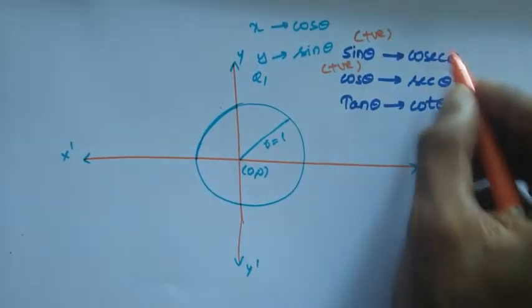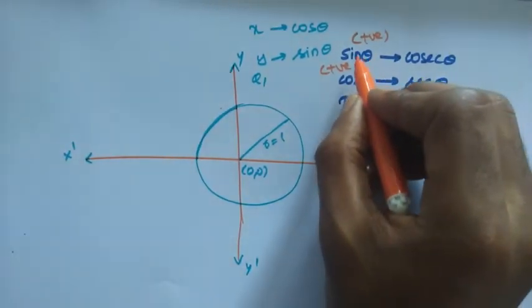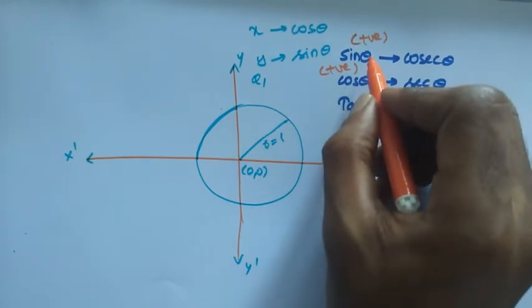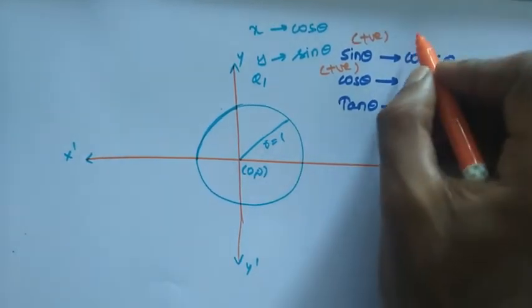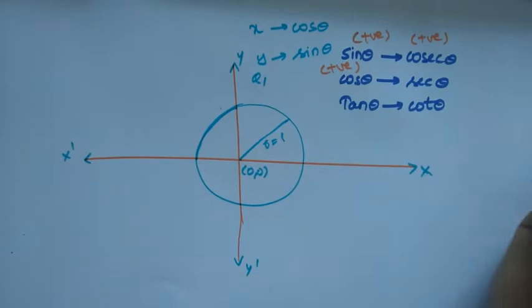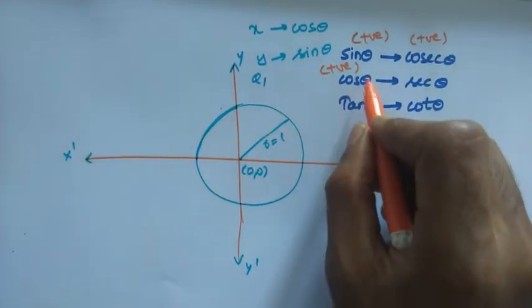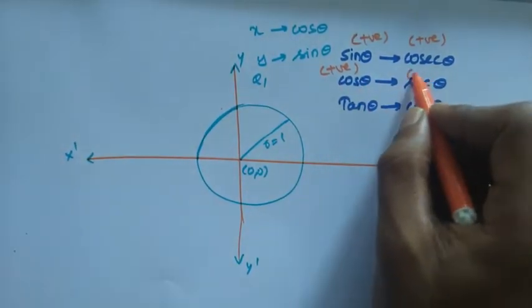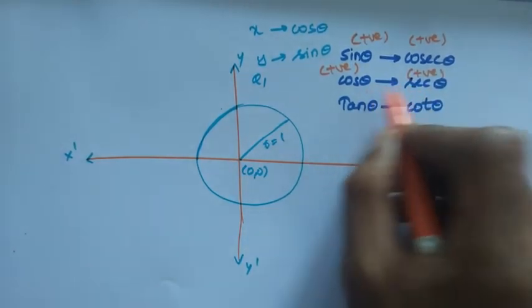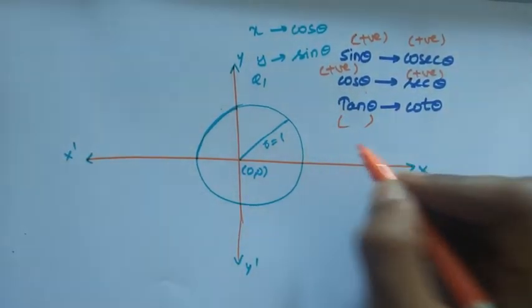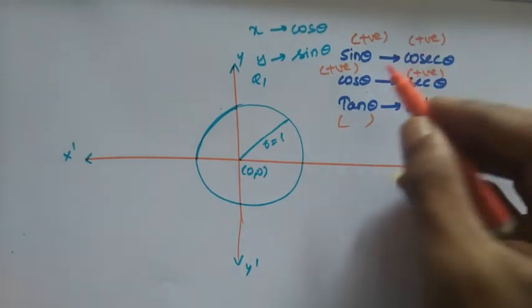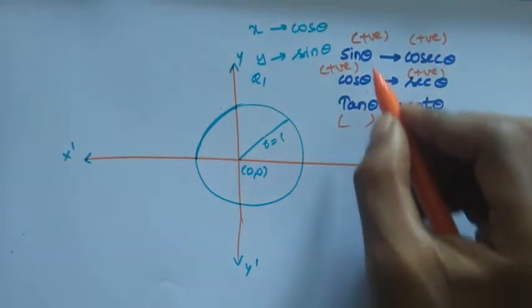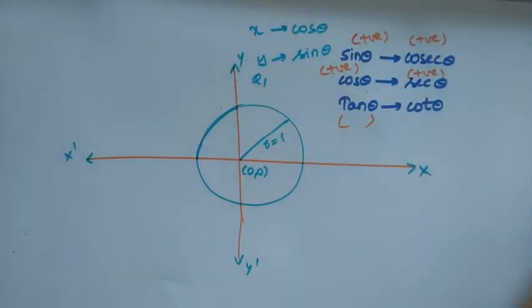So coming to this, if sin theta is positive, then its reciprocal will also be positive. That means this is also a positive quantity. If cos theta is positive, then secant theta is also positive because they are reciprocal. And tan theta is nothing but the ratio of sin theta and cos theta.